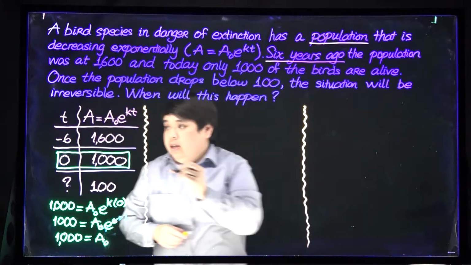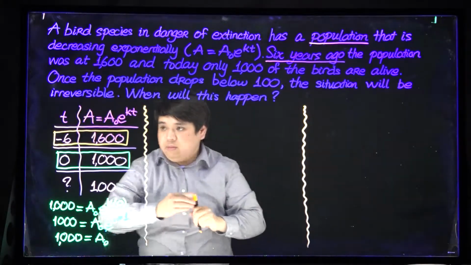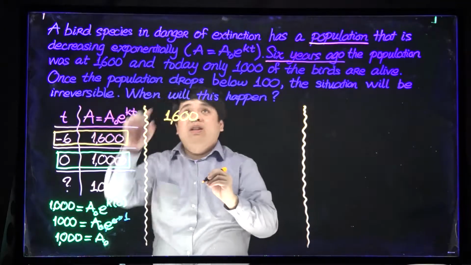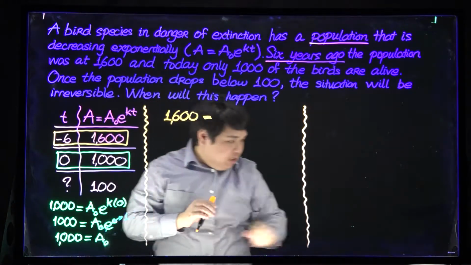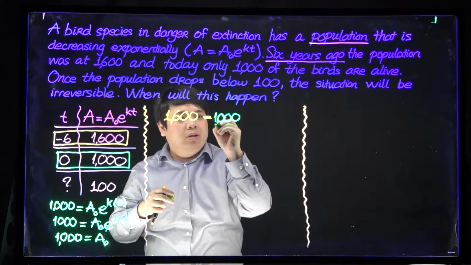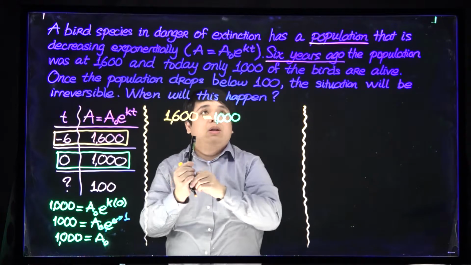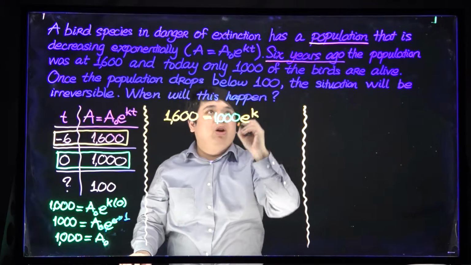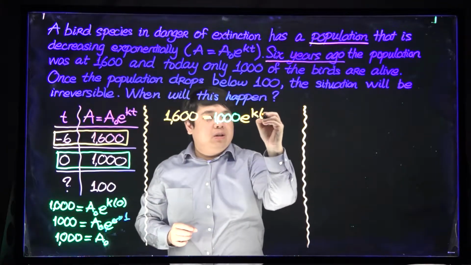So now we use this pair of data. 1600 for A. A naught is 1000. And then e to the k, we don't know the rate, and time, we do know that is -6.